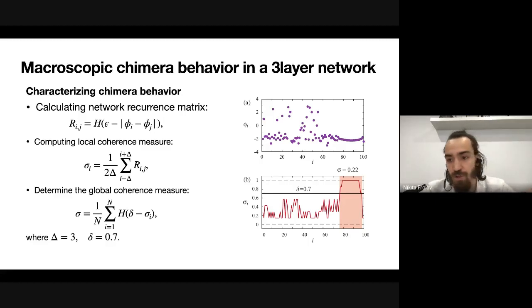This coherence measure reflects the number of the network nodes lying in the coherence domain. In the exemplary figure shown in this slide, we see that the measure of coherence equals 0.22, which is the portion of the coherent cluster, exactly 22 elements in this case.